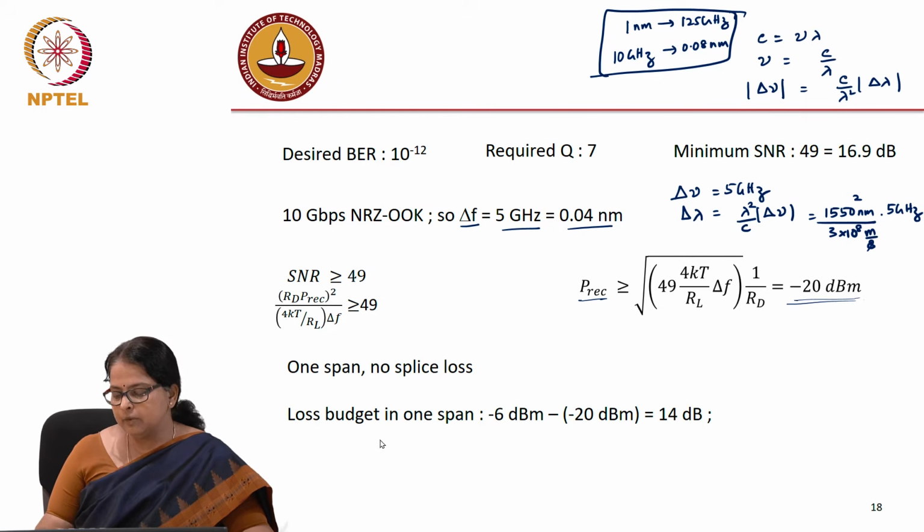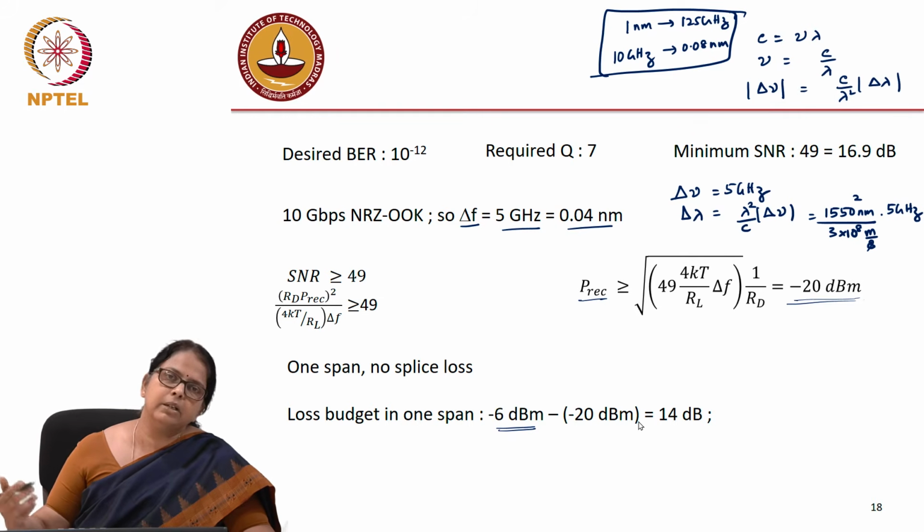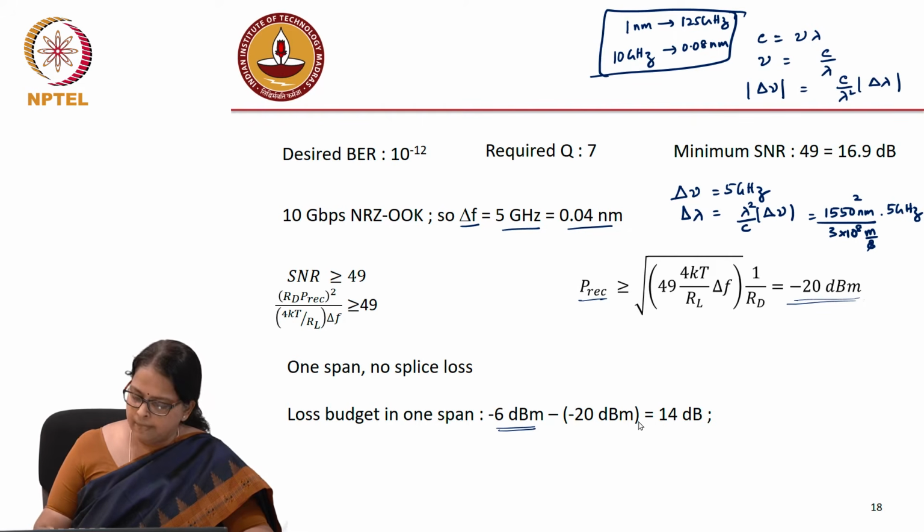So loss budget in one span is minus 6 dBm at the transmitter. Of course, we are not accounting for connector loss here. If you wish, you can add a connector loss of 1 dB also. But if I don't consider any splice or any connector, it's a very tight budgeting. Minus 6 dBm, minus 20, which means that you can allow a 14 dB loss in the link.